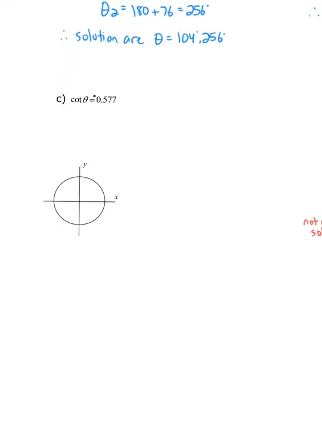And one last example, cotangent of the angle has a negative ratio. I added in this negative 0.577. The reciprocal of cotangent is tangent. So I'm going to write that as a reciprocal, 1 over negative 0.577, and then use my calculator to find out what that is as a decimal.